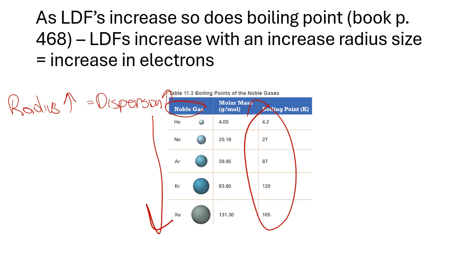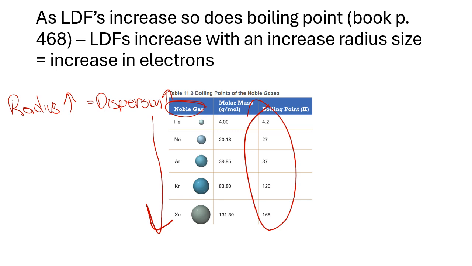Looking at the periodic table right now, we're going down. We're not going to the left or right. We're just going down the periodic table. The amount of protons, or the top number, in that element are increasing. The molar mass, the bottom number, is increasing as well. And we can see on the far right of this visual that the boiling point is increasing.